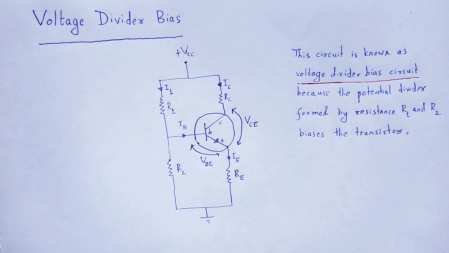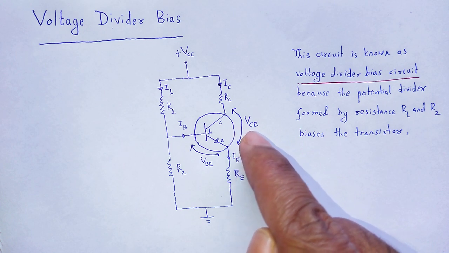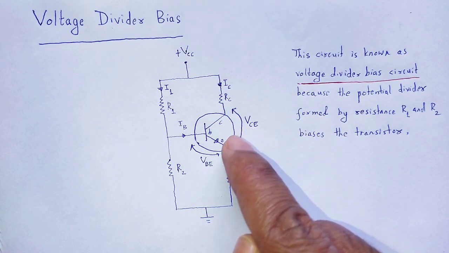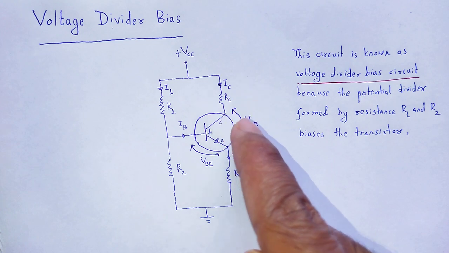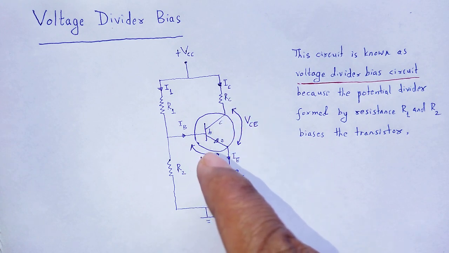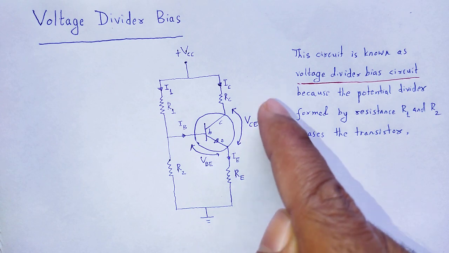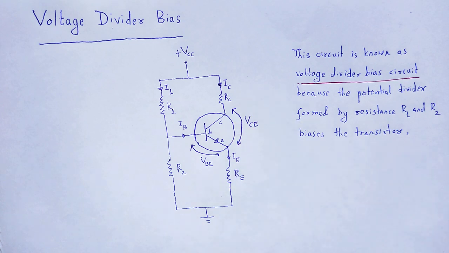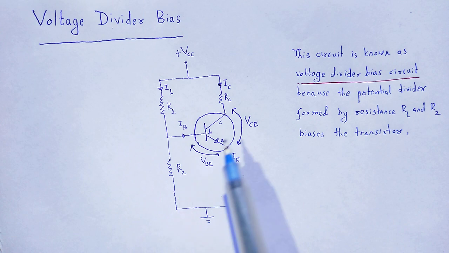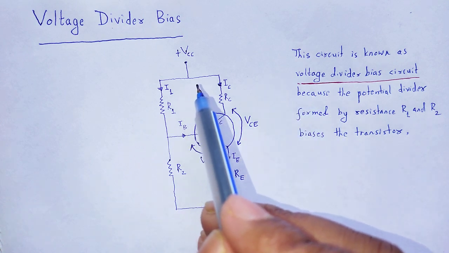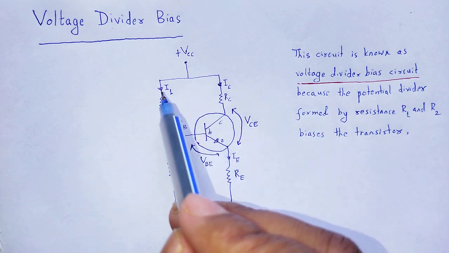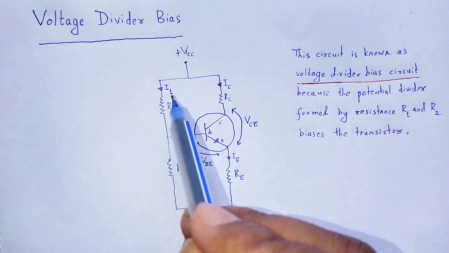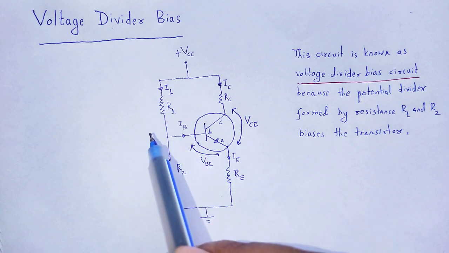Let me mathematically show the coordinate of Q point, that is collector current and voltage along collector emitter junction, that the coordinate of Q point. We have to calculate IC and VCE mathematically. Look at that circuit. Let I1 amount of current flowing through that of resistance R1.